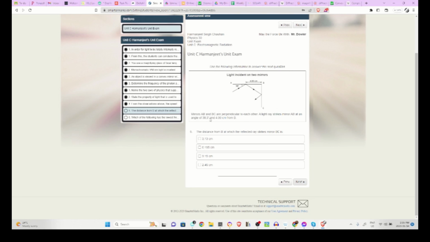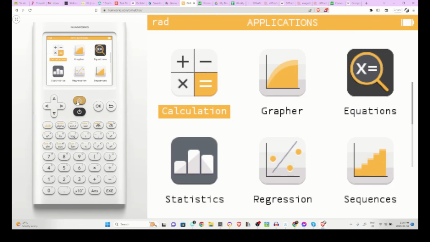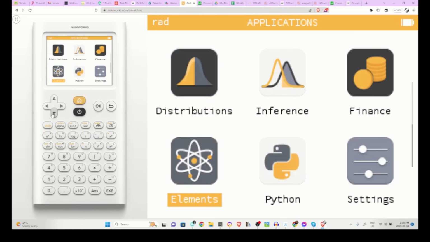Now here, mirrors A and B are perpendicular. So we have the angle here. We want to find the distance from B at which the reflected ray strikes mirror BC. So we have a right triangle where the tangent of 38, because that's the interior angle on the right, is equal to the opposite divided by 4. So, might be a little late, but let me actually change this.